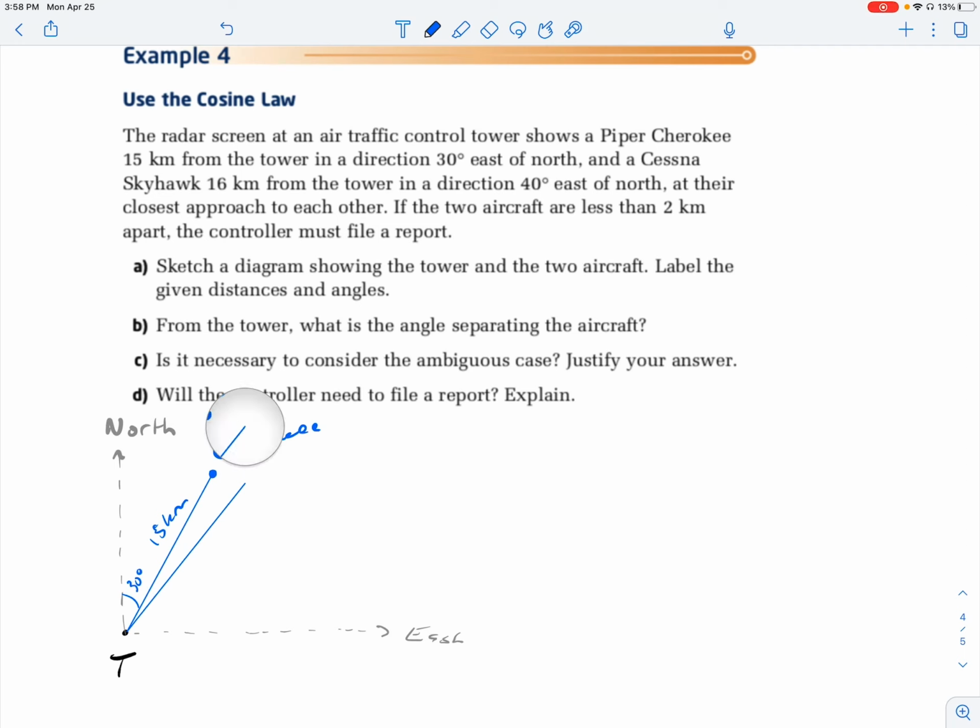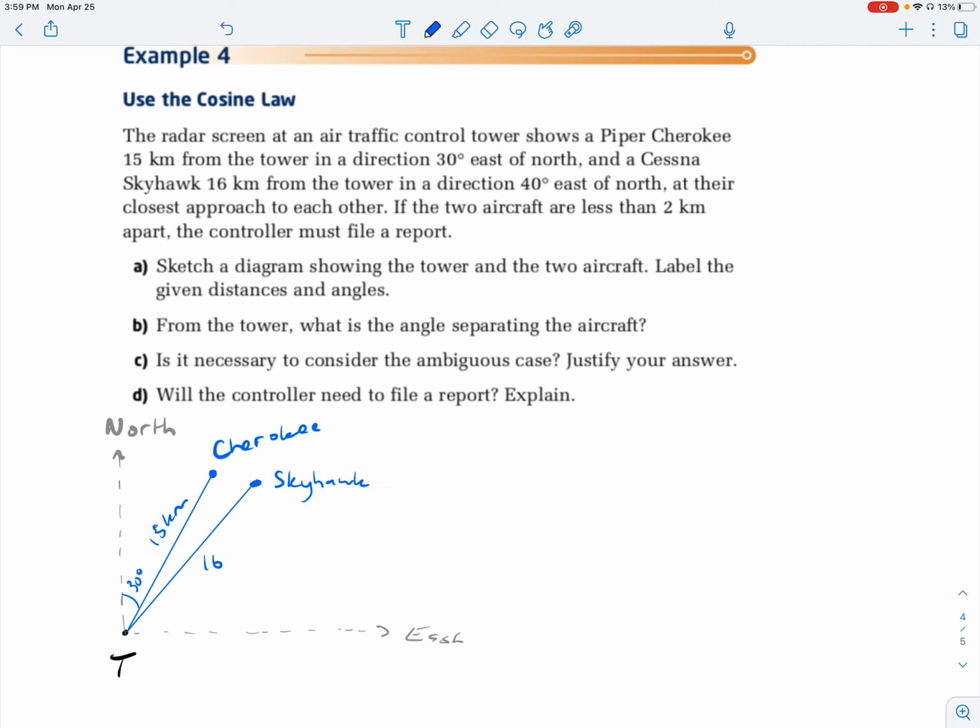Okay. The Skyhawk, that is right here. It says it's 16 kilometers from the tower in a direction 40 degrees east of north. So from the north, I got to rotate 40 degrees now, a little bit past the other one. And it's also a little bit longer at 16 instead of 15, like the other one. Okay, so this is going to be the Skyhawk.